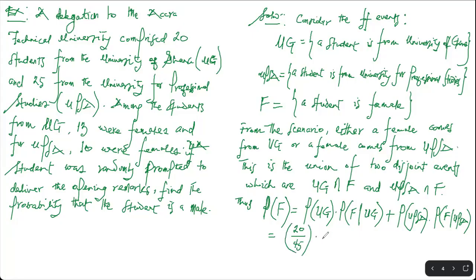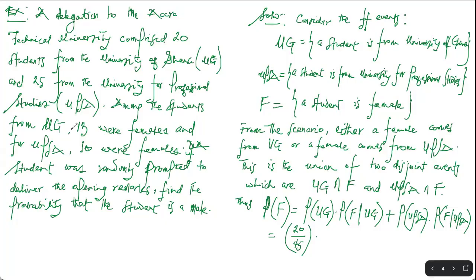Okay. Now, what is the conditional probability of being a female, given that you are from UG? Among the students from UG, 13 were females. This is a way of telling you that the conditional number of females from UG is 13.